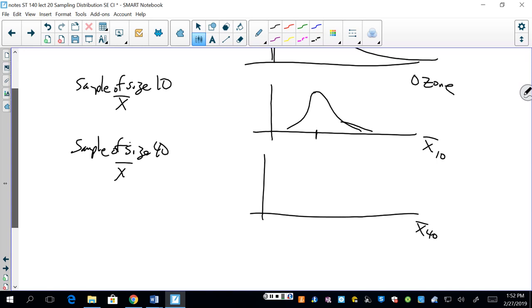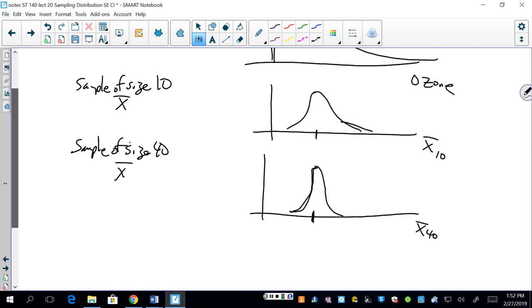Well, the average is still going to be about the same as those other ones, but it's going to be more bell-shaped and narrower, because there's a greater propensity for the small and the large to cancel out, and the average to be much closer to the population value.